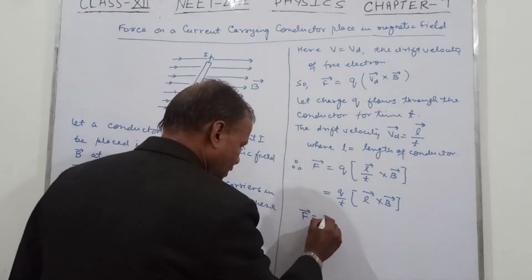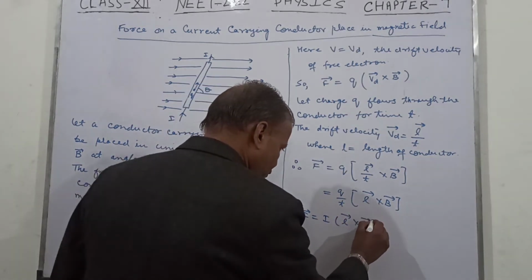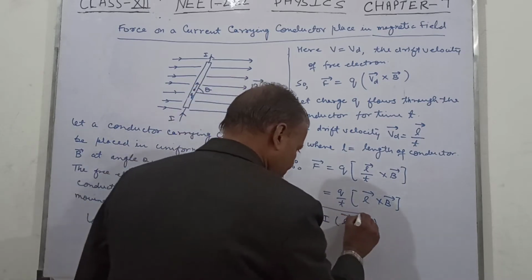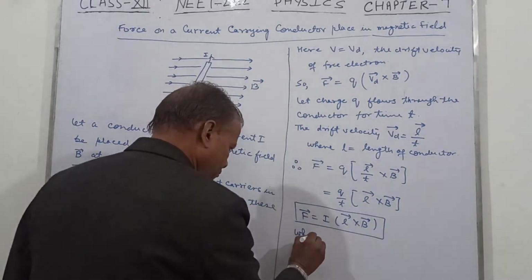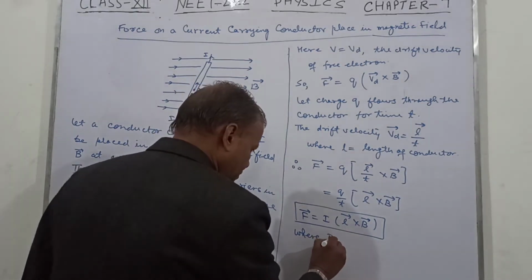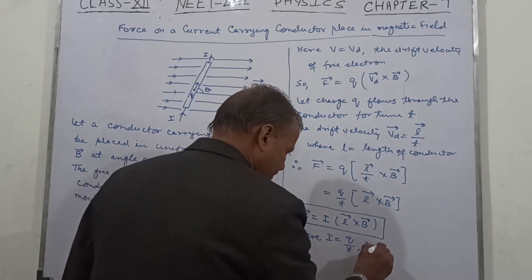F equal to I into L cross B, where I equal to Q upon t, the current.